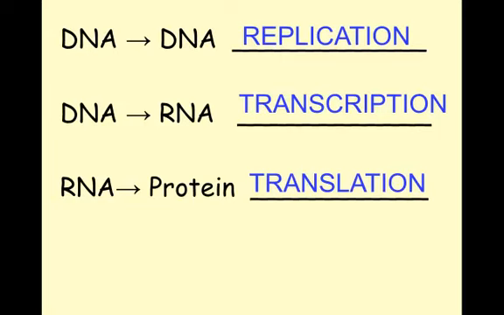When I make proteins now, I'm switching to amino acid subunits, and that's why it's called translation. We're going from nucleotide language to protein language, amino acid language. You should be familiar with those three words and what they mean.